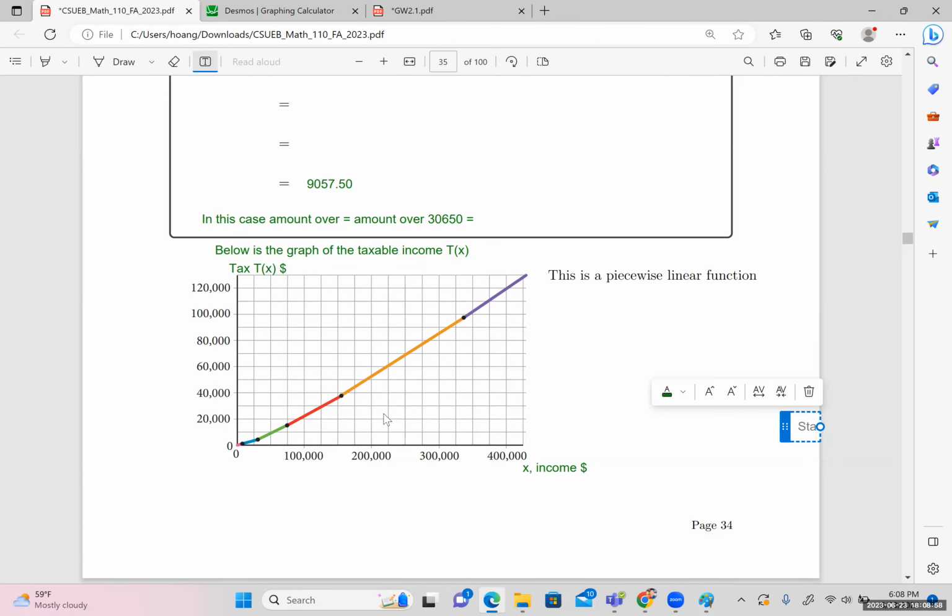However, you can see that they become segments with changing slope.